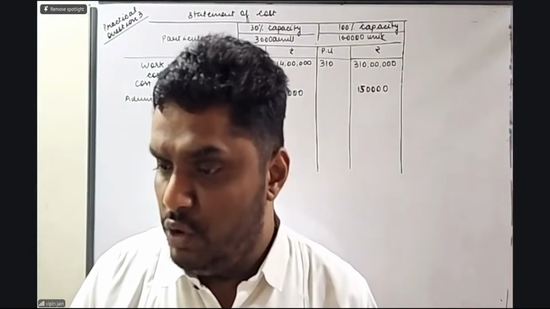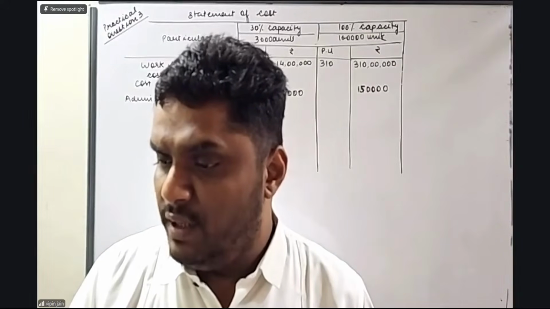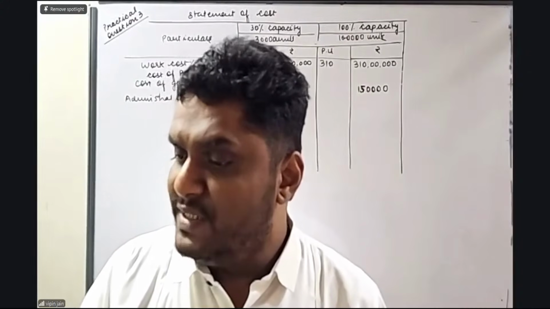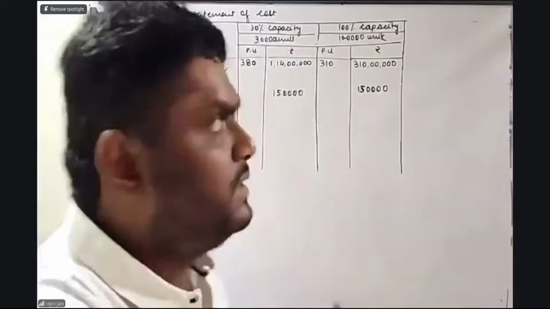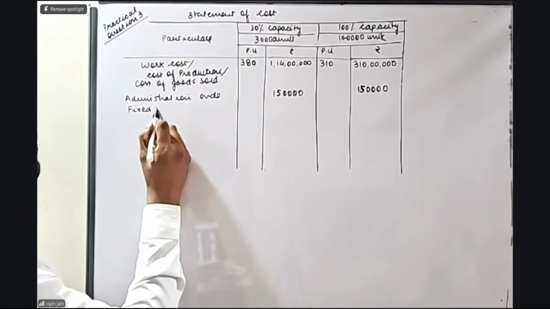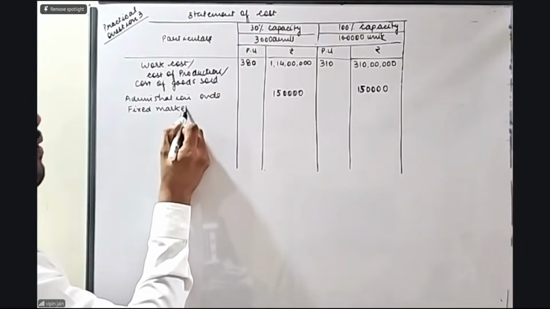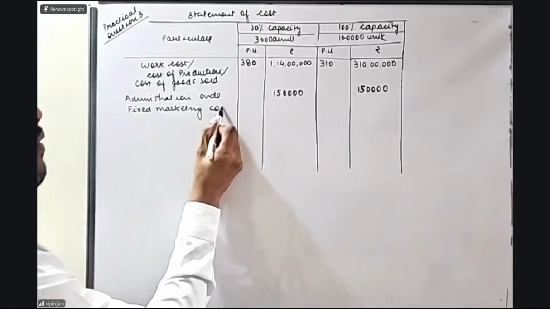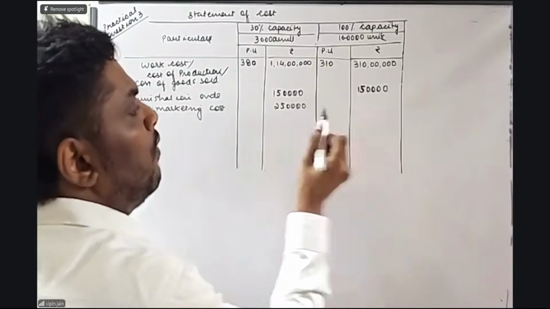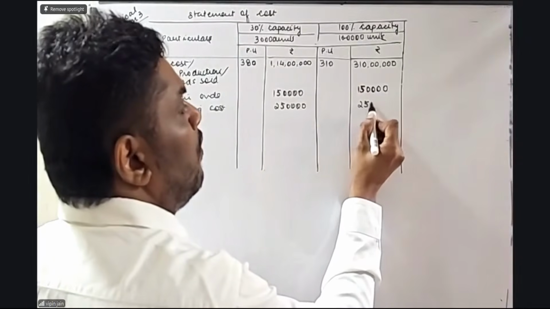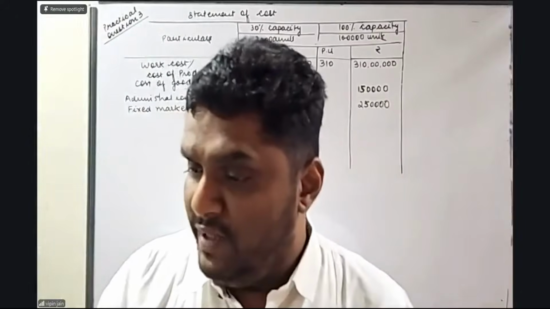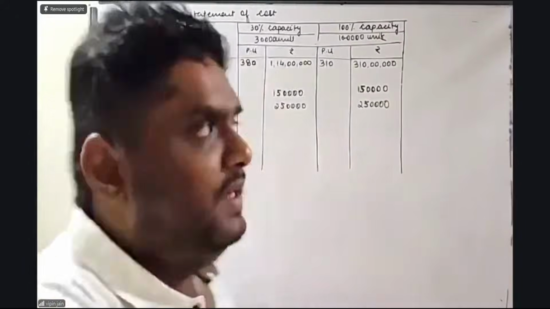Next, fixed marketing expenses are also given, that is 2,50,000. Further, variable distribution cost is also given, that is 30.